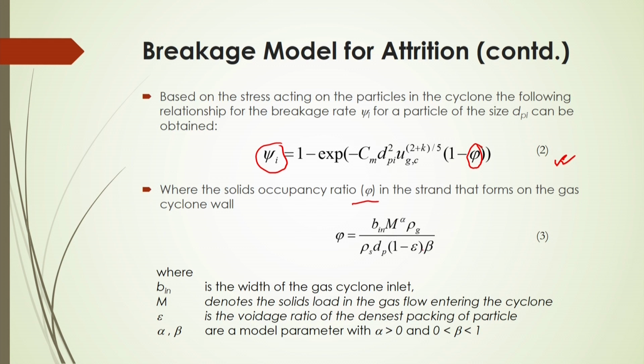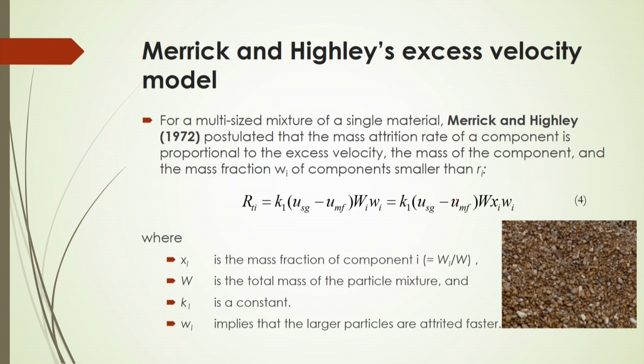Epsilon is the voidage ratio of the dense packing of the particle, and alpha and beta are the model parameters here, and generally alpha should be greater than 0 and beta should be within the range of 0 to 1. Now, another model is given by Merrick and Hiley in 1972.